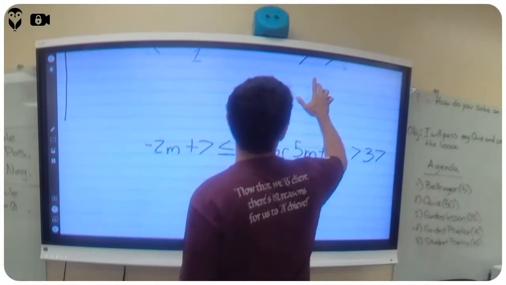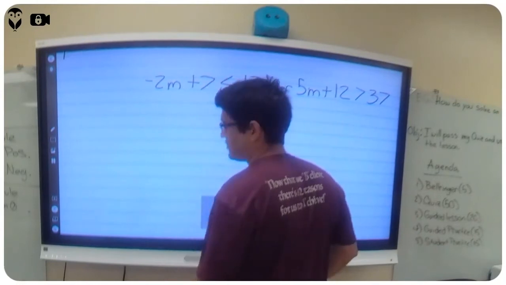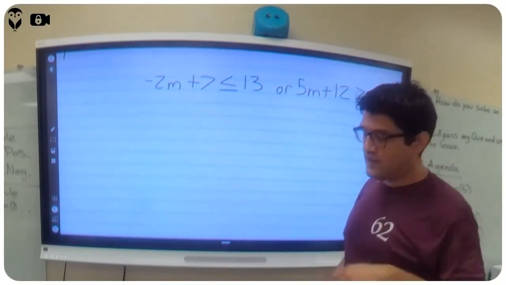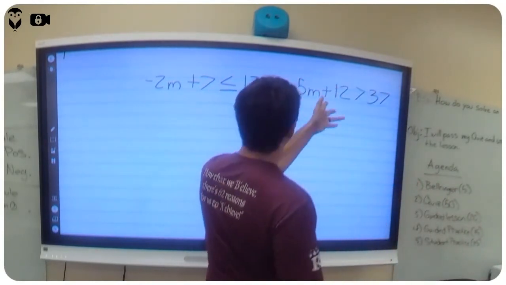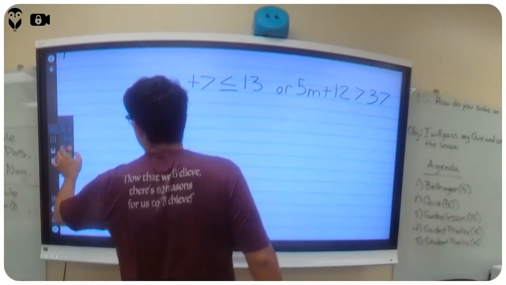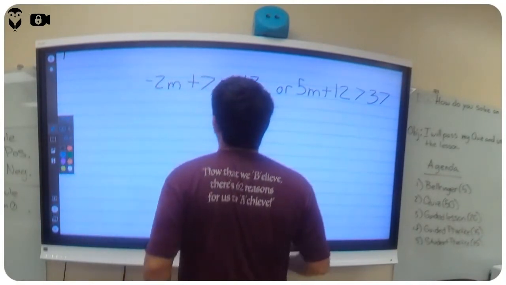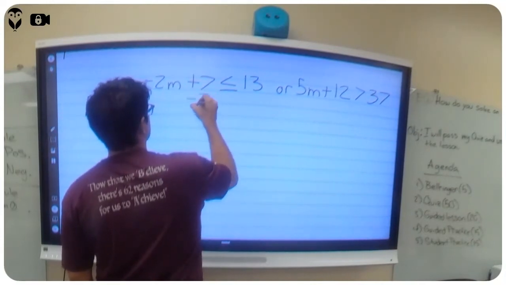This is an or problem, okay? This or that. So if either of the two is true, it's going to be fully acceptable. So if this is true, it's acceptable, and if this is true, totally acceptable. Okay? So let's do this part first. Let's solve this. Subtract 7 on both sides.